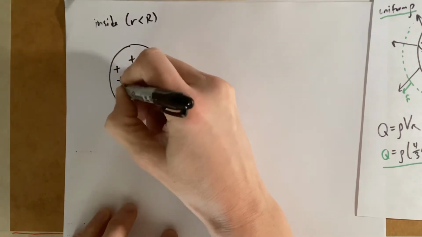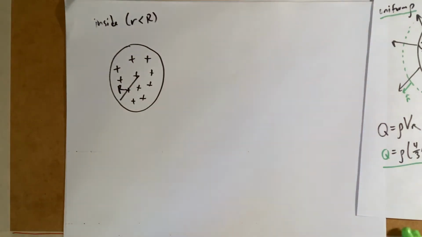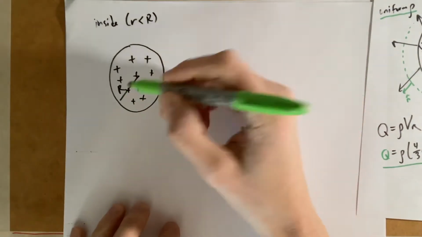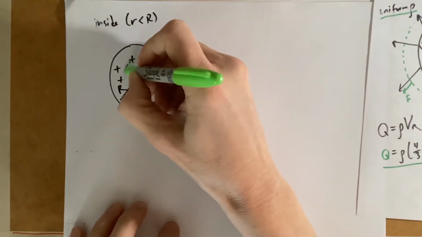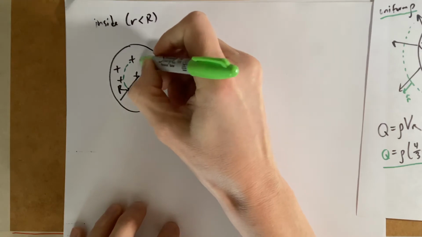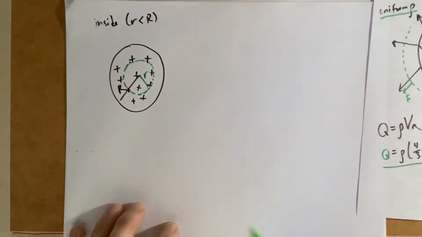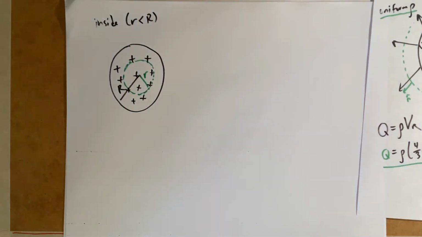So my object has a radius big R, but now my Gaussian surface, I'm dropping it in here, and remember, my Gaussian surface is just a means to test what's going on with the electric field. And so I'm putting it inside there because I want to know what the electric field is inside there.